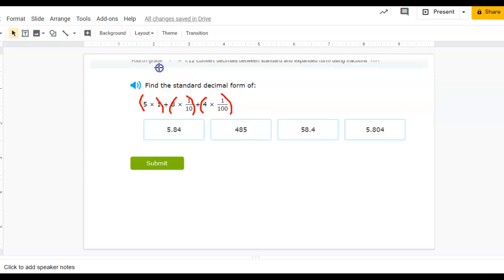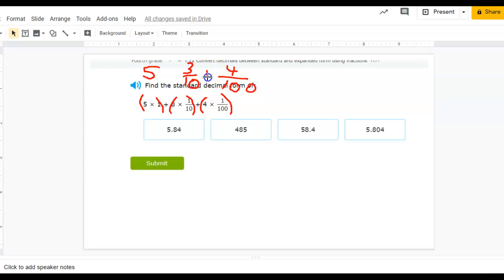5 times 1 is 5. 8 times 1/10 is 8/10. And 4 times 1/100 is 4/100. Now I finished my multiplication.